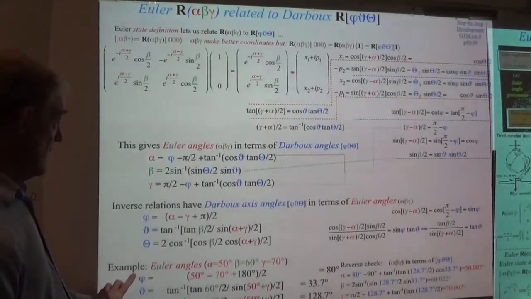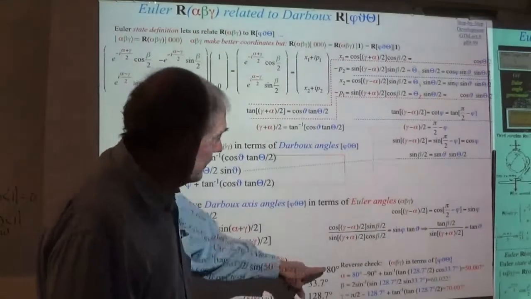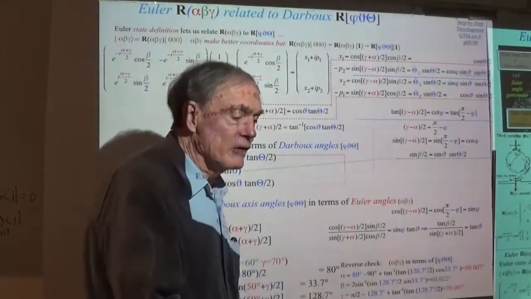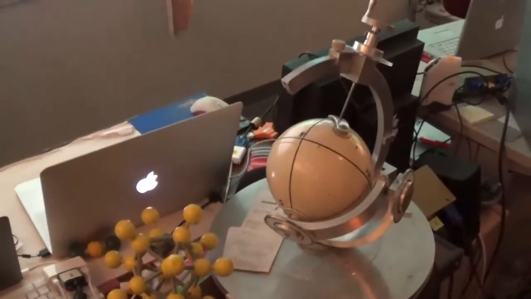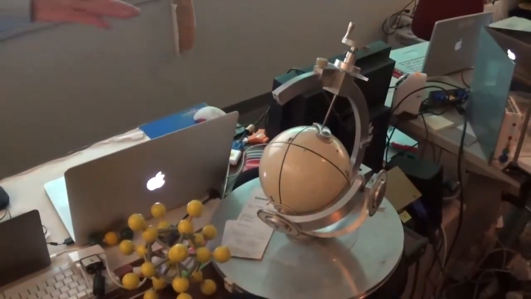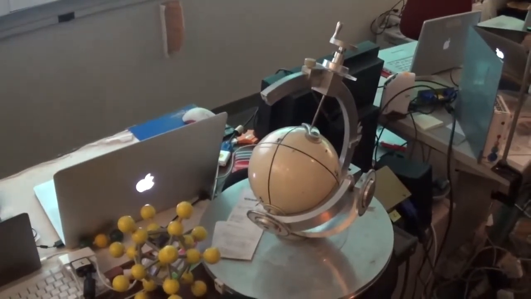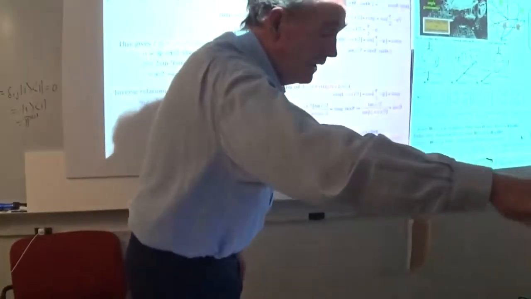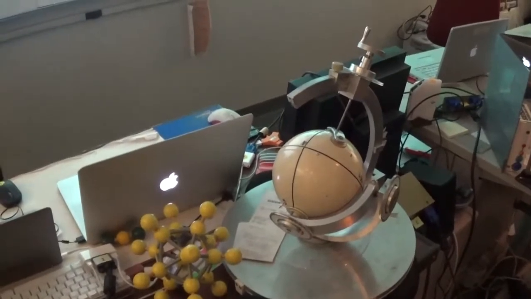When you do that, you get that the little phi is 80 degrees. So I would have to set this thing right here to an azimuth of 80 degrees. And then the theta here, that's this angle right here, I would be setting that to 33.7, and then I would actually do a turn here by 128 degrees.